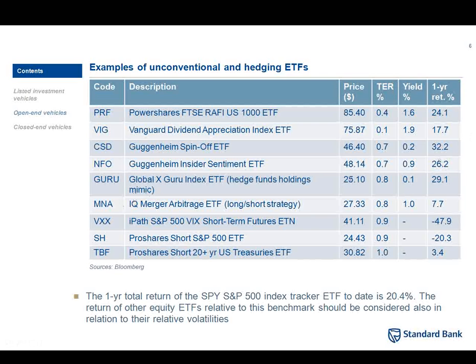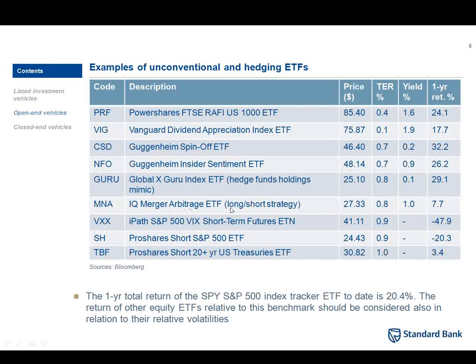Guru chooses shares based on the filings of the hedge funds. I think that the hedge funds have to do quarterly filings, and then they try and replicate most of the major holdings of the major hedge funds, and that's also given a pretty good return.